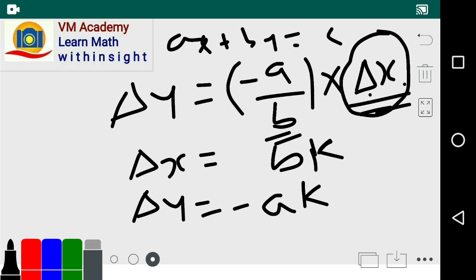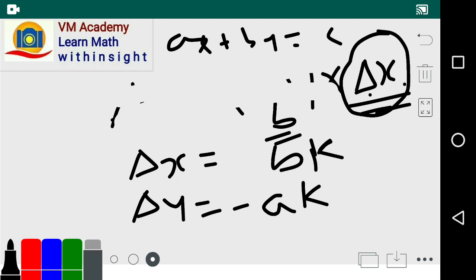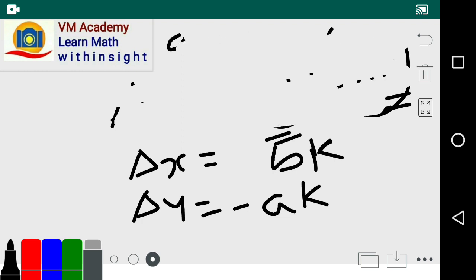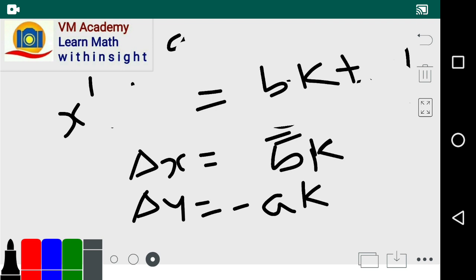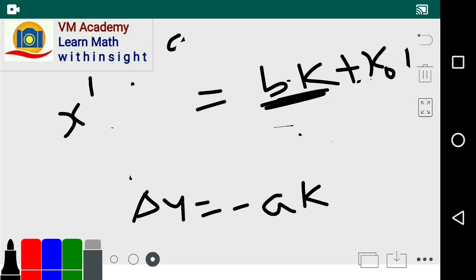Thus delta x is bk, which means we can write the other solution. Delta x means x dash minus x naught equal to bk. So x dash becomes x naught plus bk, that is the initial solution plus b times k, where k is an integer, friends. And similarly delta y means y dash minus y naught equals minus ak.